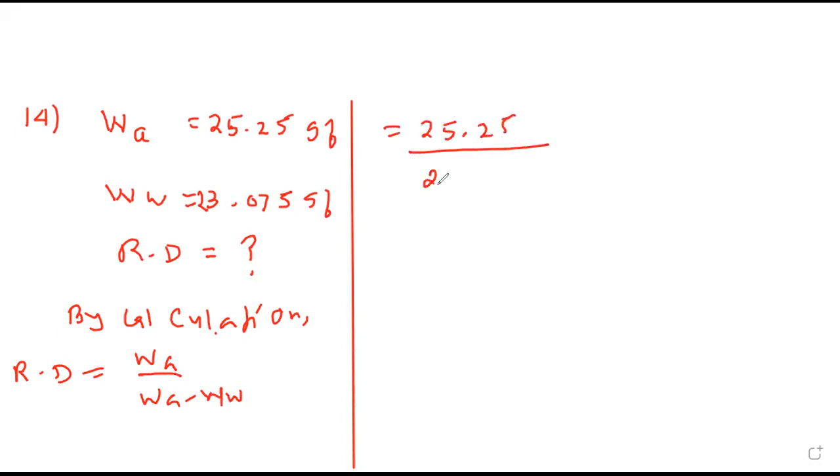25.25 upon 25.25 minus 23.075, which is 2.175.